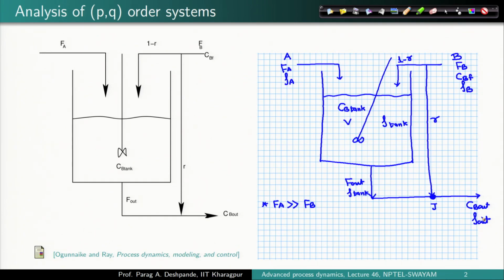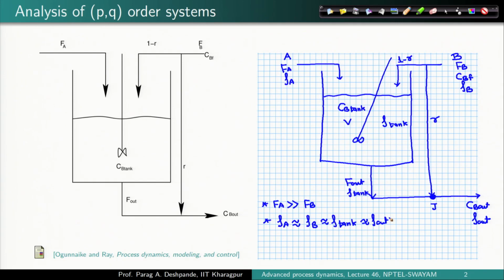These are the details, but what we can assume here is that all of the densities are similar. We cannot say that the densities are the same, but the densities are similar. So, rho A is similar to rho B, which is similar to rho tank, which is similar to rho out.